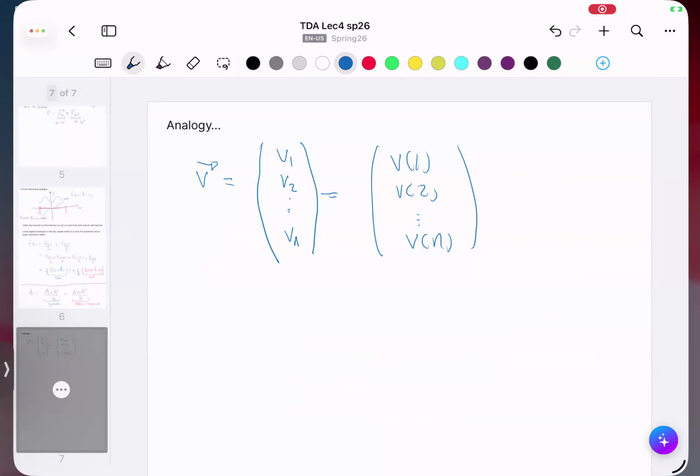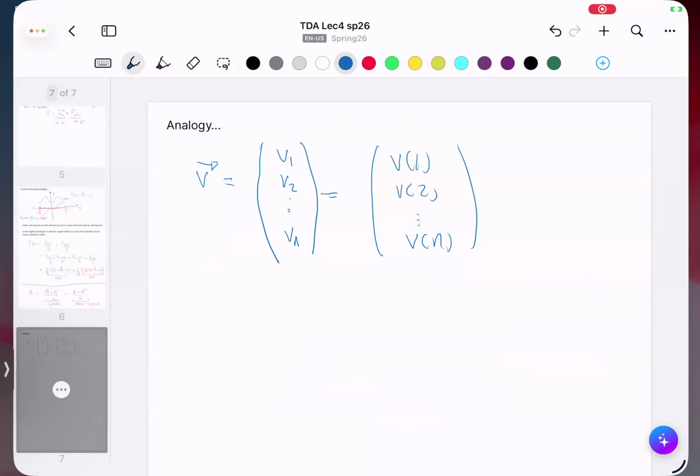But this is a more suggestive interpretation, right? Because it's more like a function notation. So from this perspective, you can think of this in analogy with a function. It's being defined on 1, 2, up to n, right?